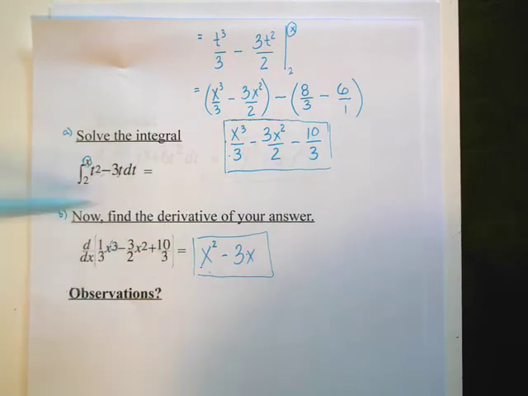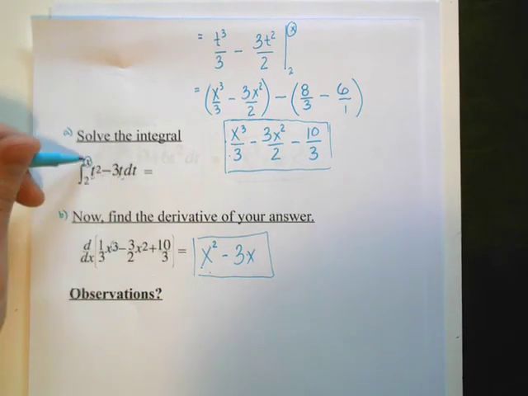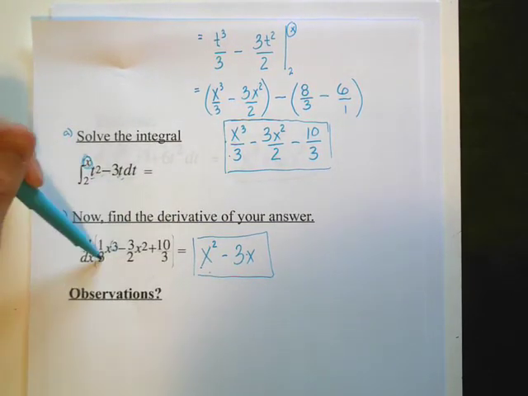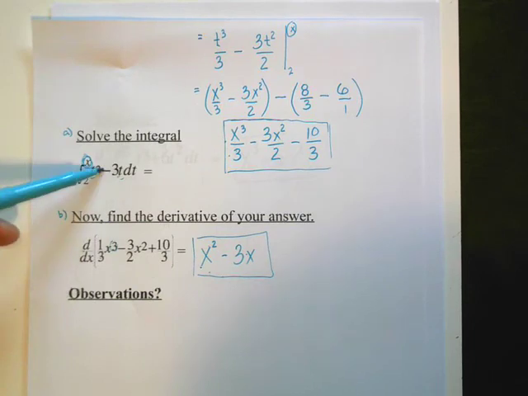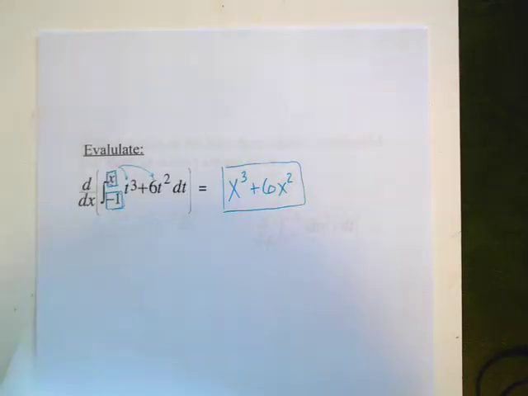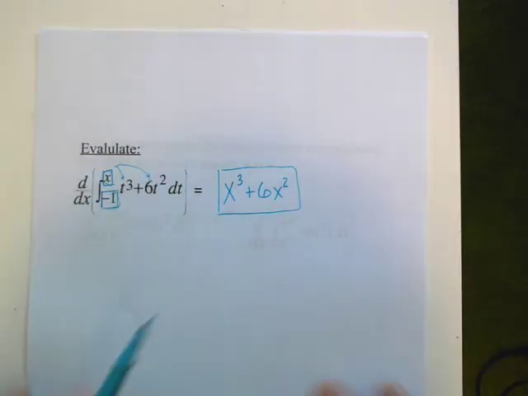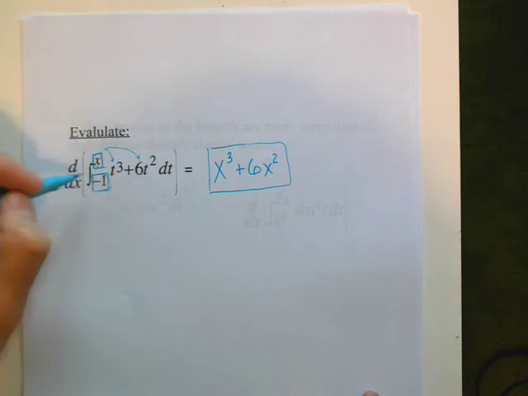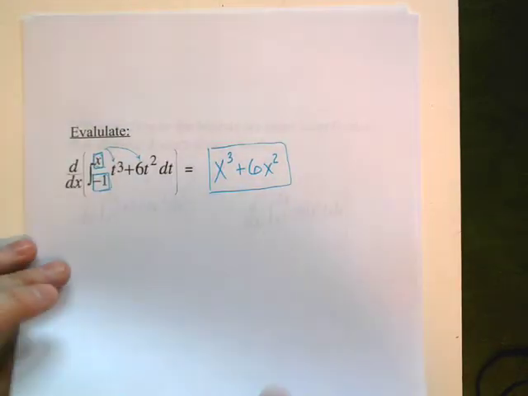The only difference is, instead of t's, I plugged in my x. We took the derivative of the integral, ended up back where we started, just changed the variable. So when you see problems like that on today's homework, this should take you 10 seconds, right? You're just rewriting the problem with the variable.